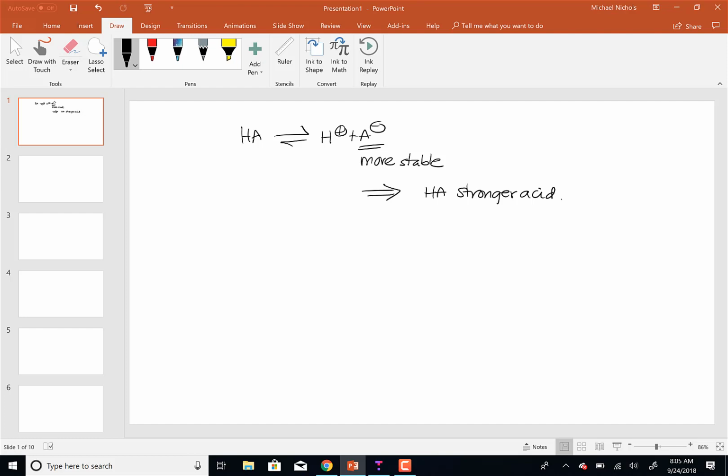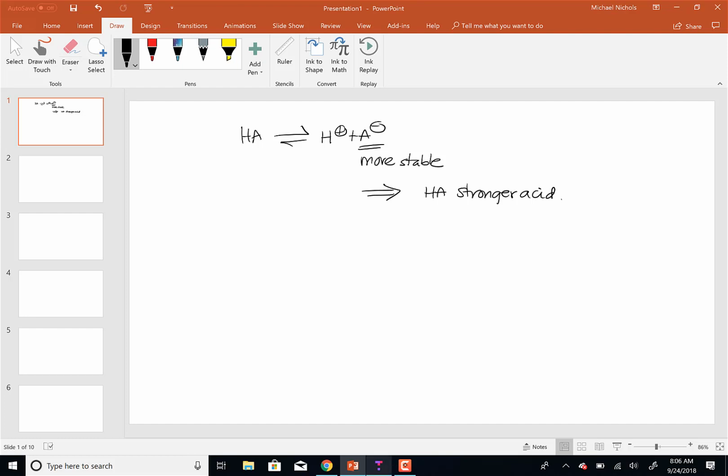And that's what we're going to do 6 different ways today. We're going to make the conjugate base more stable so that the acid becomes stronger. Okay, so that's the basic principle. How you do that could be a number of different ways.